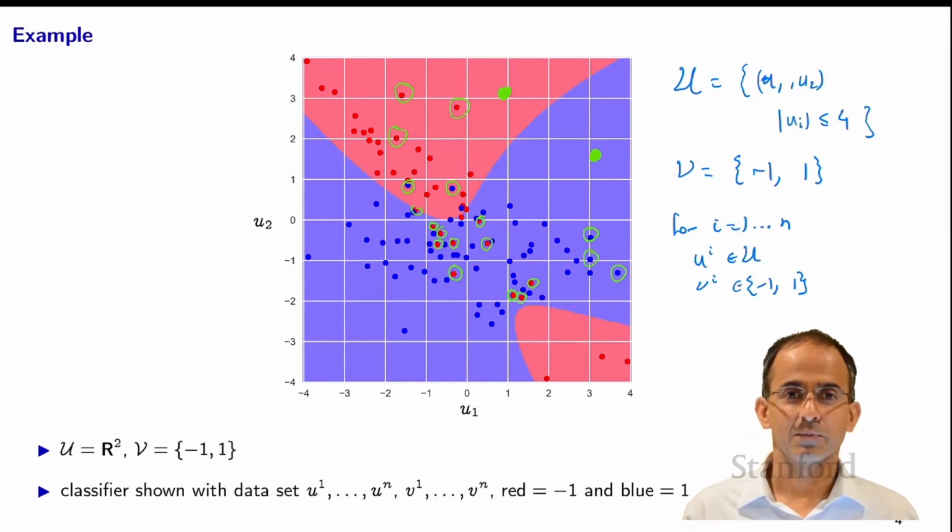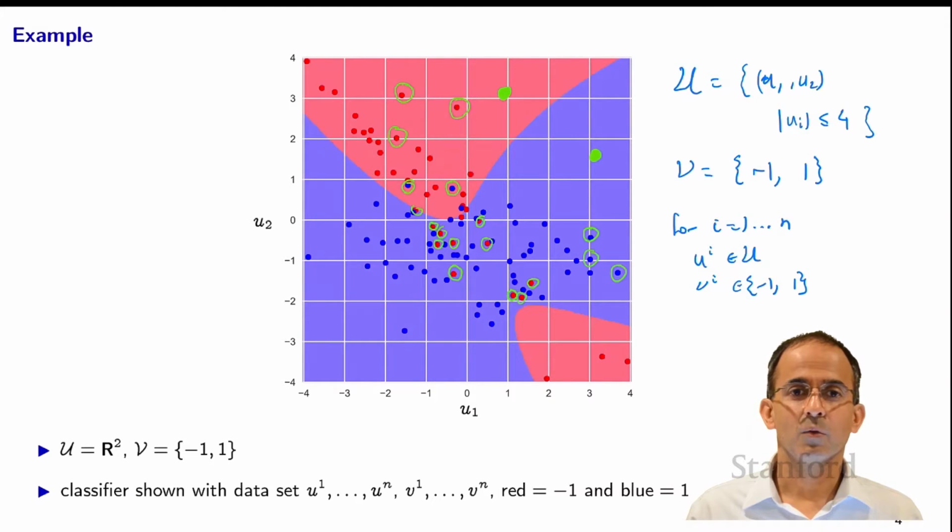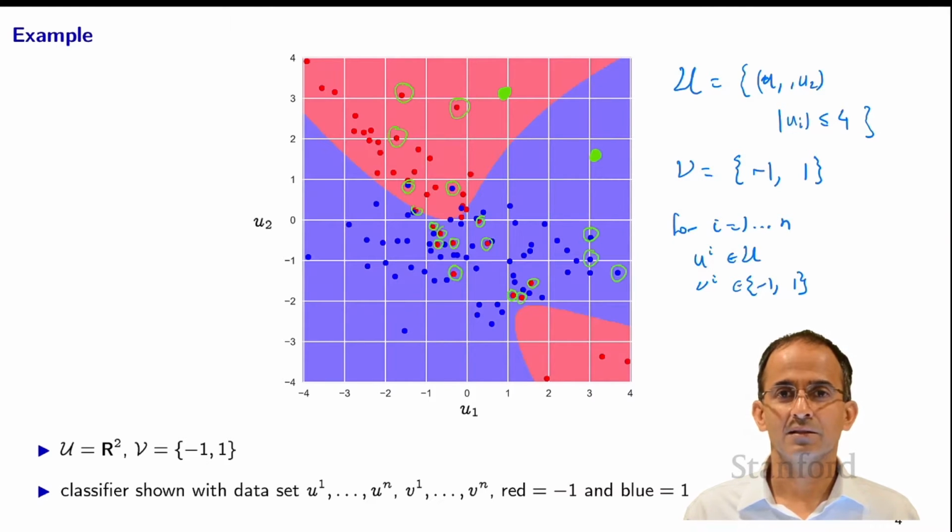We can simply shade in the plane to correspond to the colors of the points that we see, and there's no need for us to ever get it wrong. But if I'm working in d dimensions and d is large, well then I can't hope to do this by hand, and I have to come up with an algorithm that's going to do this for me.